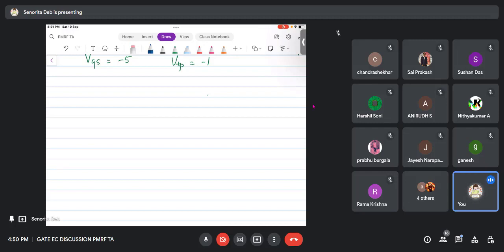That means whenever this kind of situation is there, there is a presence of transconductance. Transconductance is given by gm equals delta ID by delta VGS with VDS constant.